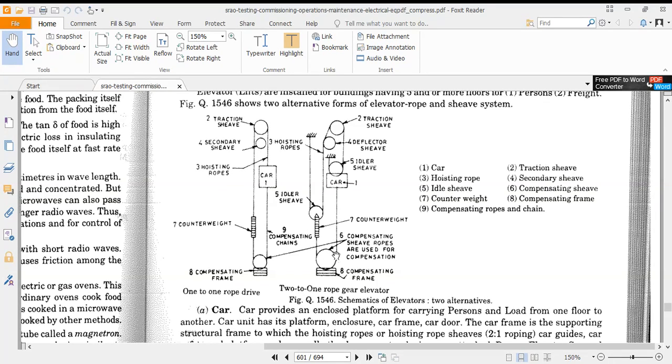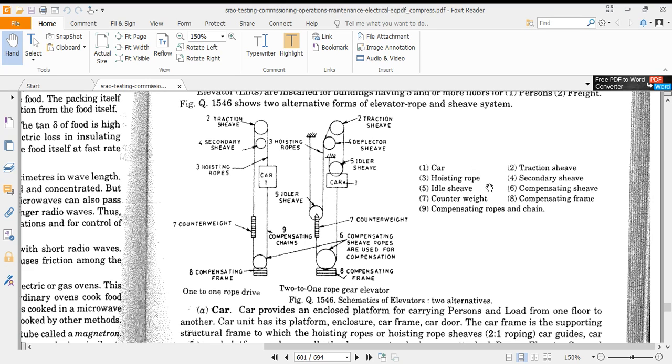Similarly, there is a second type of elevator, and these are the parts of the elevators. You can see, first one is a car, then the hoisting ropes. Traction sheave, this is the traction sheave.